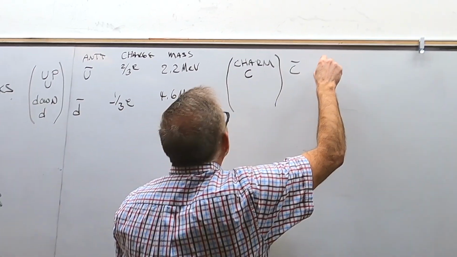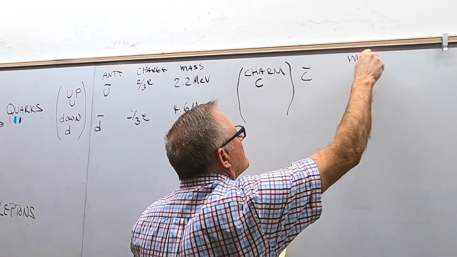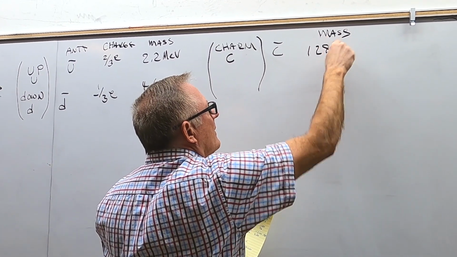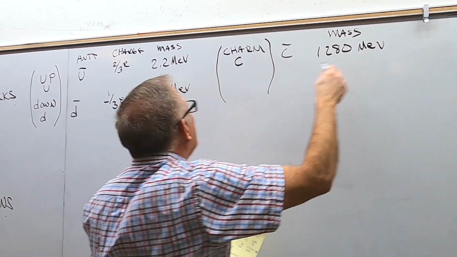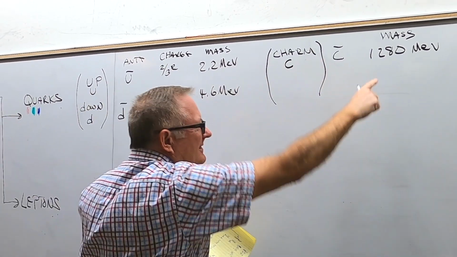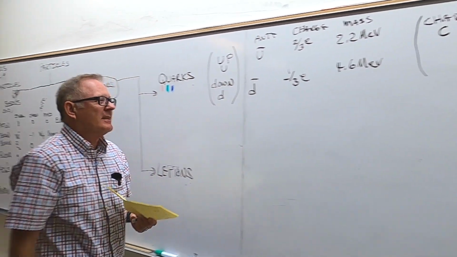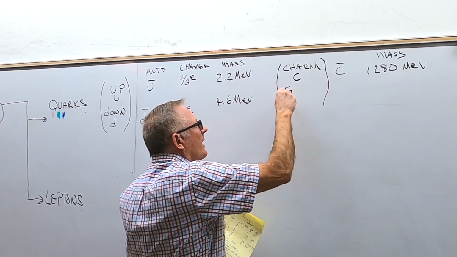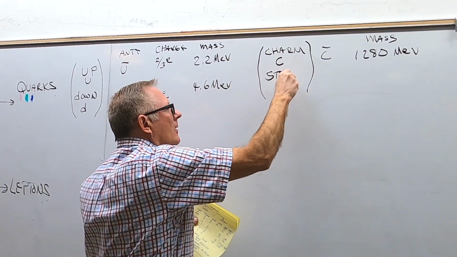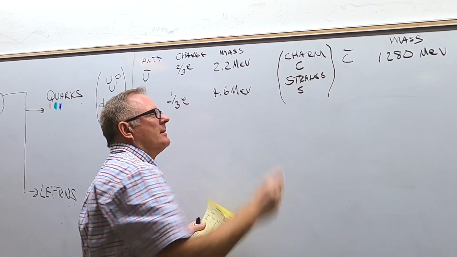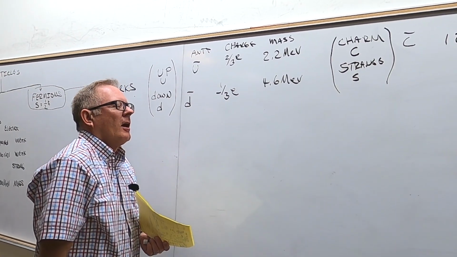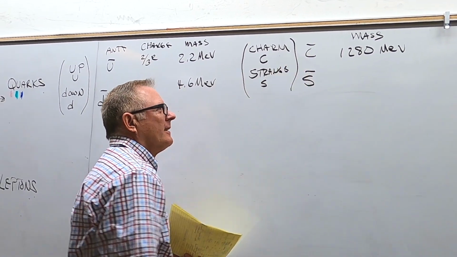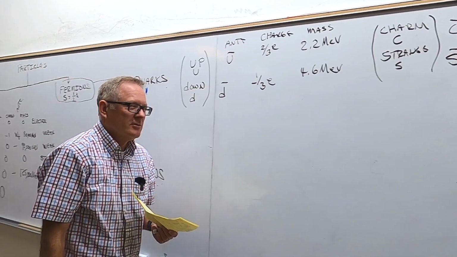The mass is 1,280 MeV. Quite a bit bigger than that. It was only 2. That's now almost 1,000 times bigger right here. And then there was something called the strange, S. There's an S bar right there, the anti-strange. Boy, that'd be bad.